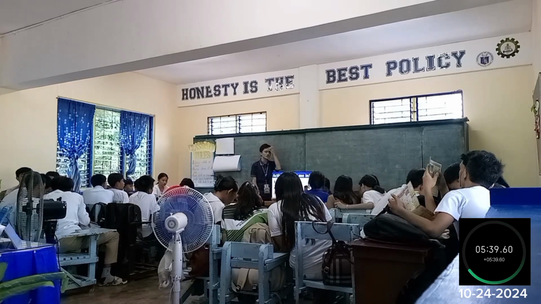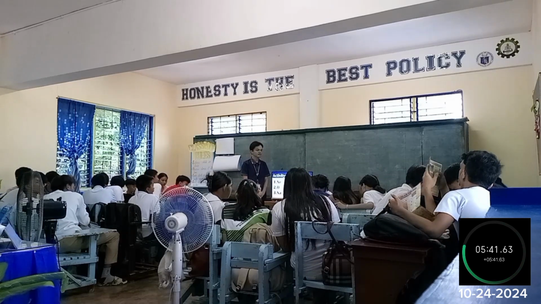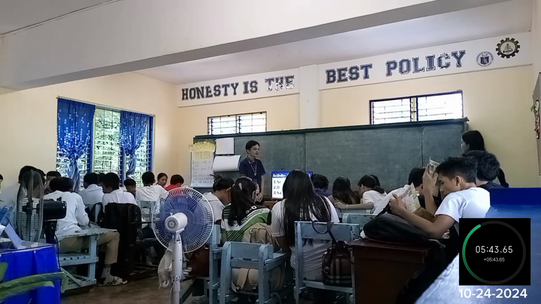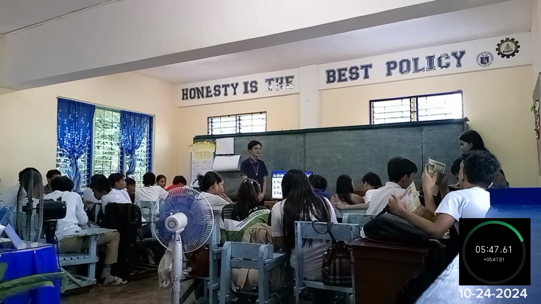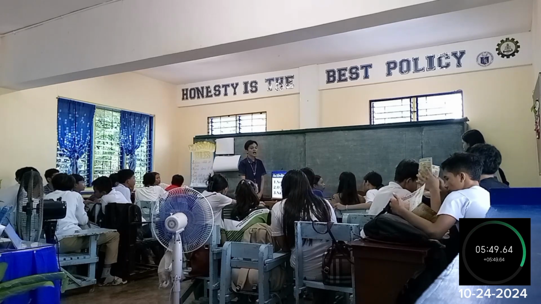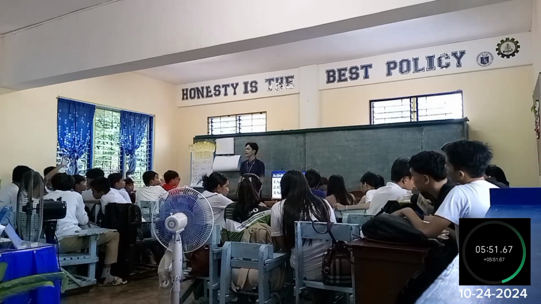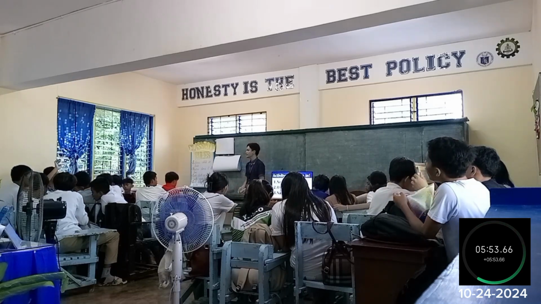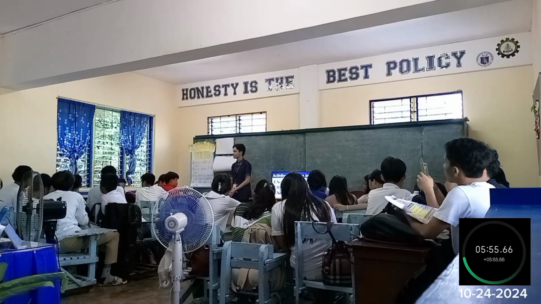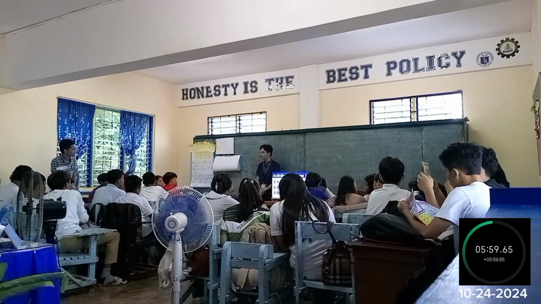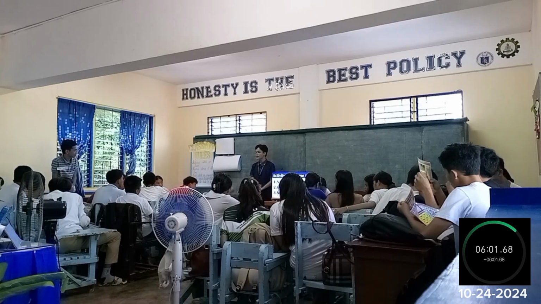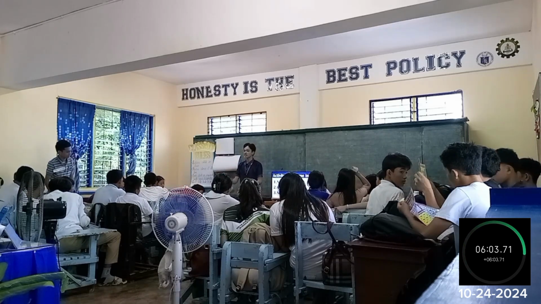How about sodium? Yes, Pauline. There are 11 valence electrons. 9. Can anyone among the class enlighten Pauline? Yes, Mike Gerald. 2. There are 2. What's lower? Thank you, Mike Gerald.